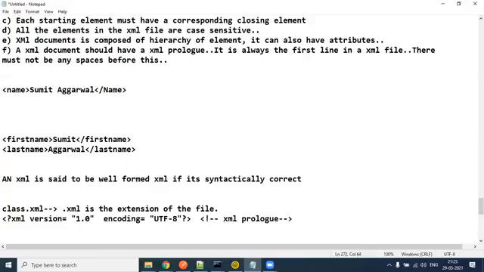And this is how you write comments in XML. Angular bracket starts, exclamation mark, hyphen hyphen, then your stuff, hyphen hyphen, and the angular bracket closes. This is called a comment. What are comments?